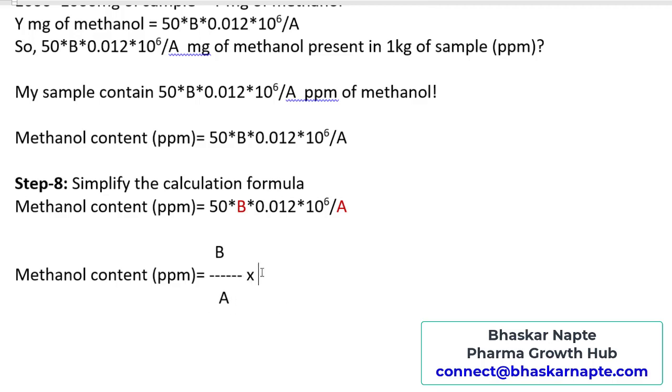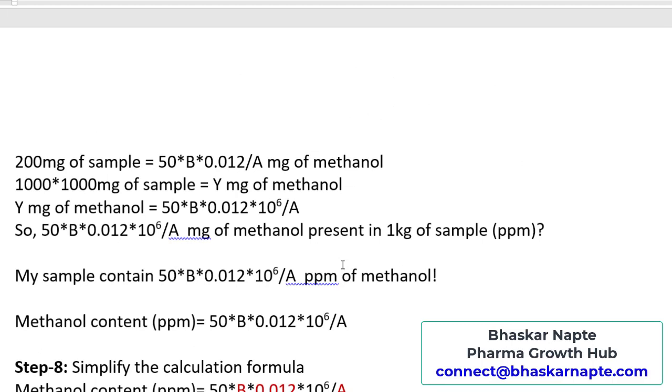Then I will keep this 0.012 as it is, and I will make it red so that we understand this has been considered. Then what is left? I will take this 50.